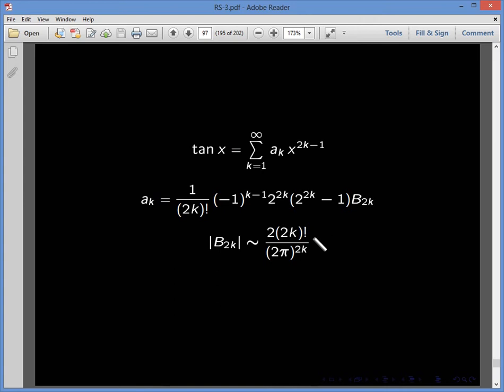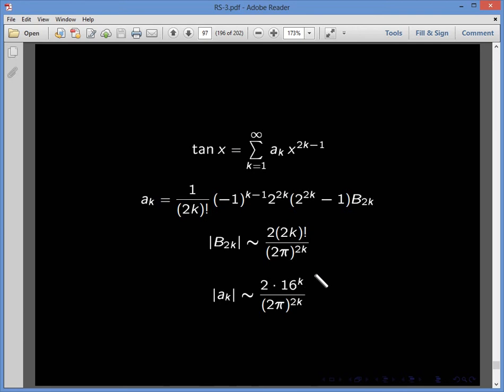Usually the version replaces the factorial with Stirling's formula, but this is good enough for us. So now the absolute value of this a_k is made of these two things. The asymptotic version of these two things is simpler, so I'm replacing with the 16^k and (2k)!, and B_k, if you divide that, they disappear because 2k is in the denominator.